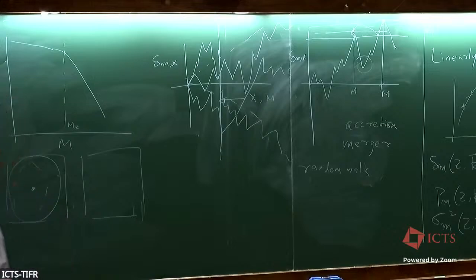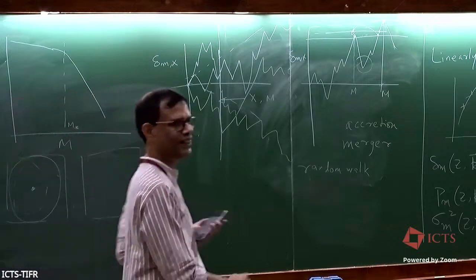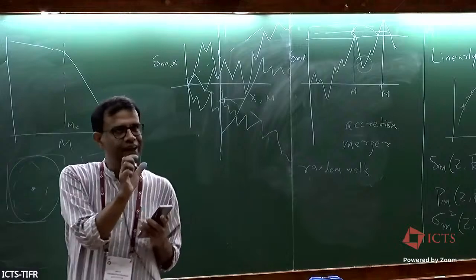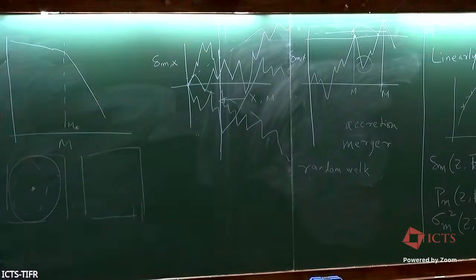So you can ask what is the probability that a halo of mass m had a progenitor of some mass m2 at an earlier redshift z2. You can formulate very precise questions regarding mergers and work out the corresponding probabilities and numbers from here.